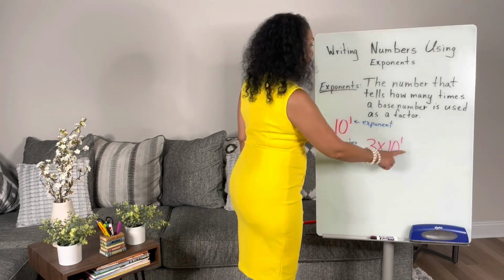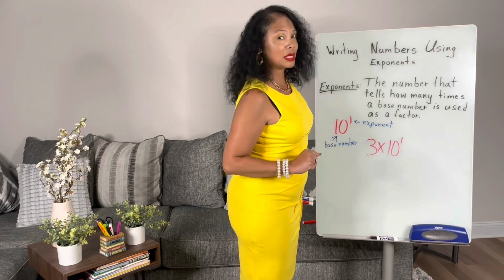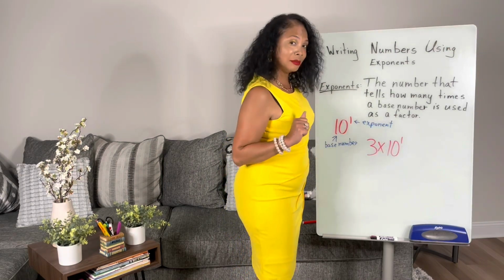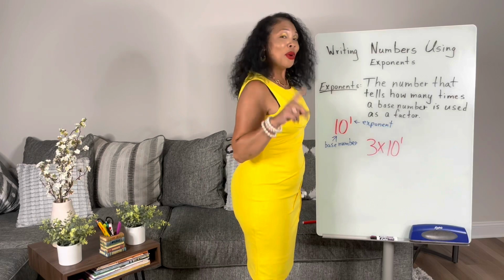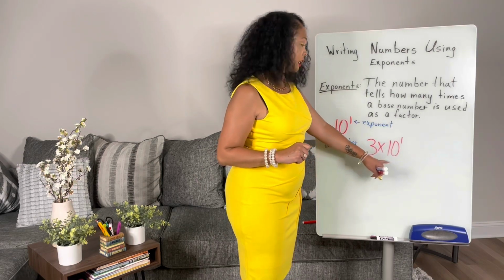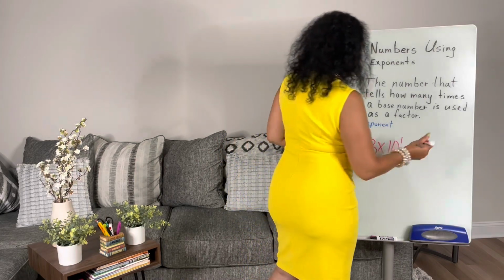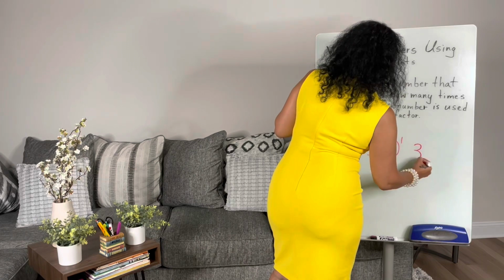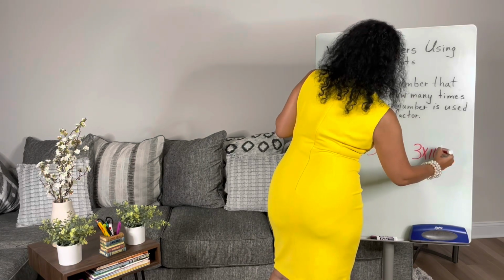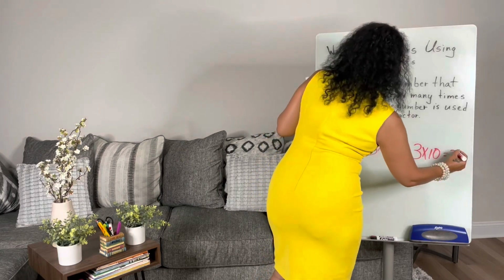So the 1 tells the 10 how many times it should be used as a base number. How many times? That's right, 1 time. So 3 times 10 to the first power is the same as 3 times 10, and 3 times 10 equals 30.